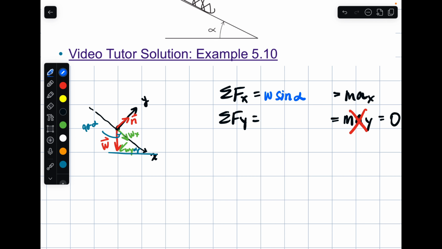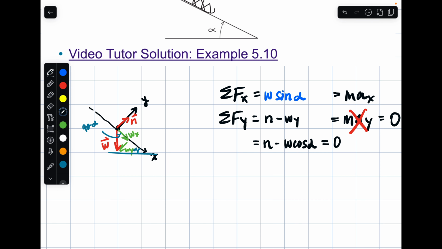Is there anything else in the x direction? No, there is not. So now, just for the sake of the problem, let's add up all the forces in the y. So we have N pointing up, and then subtracting w_y. What is w_y? It's going to be w cosine alpha. And that's going to equal 0.